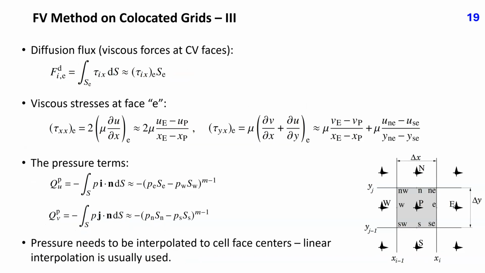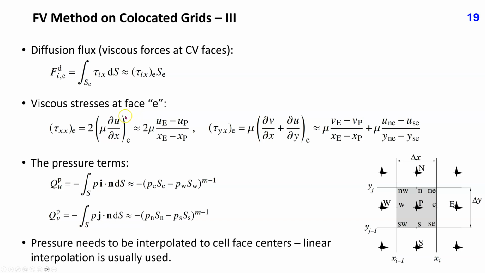To compute viscous forces at cell faces, that is, diffusion fluxes, we need to approximate viscous stresses at cell face centers. At the east face, we need tau_xx for u velocity and tau_yx for v velocity. Central difference is almost exclusively used for this purpose.